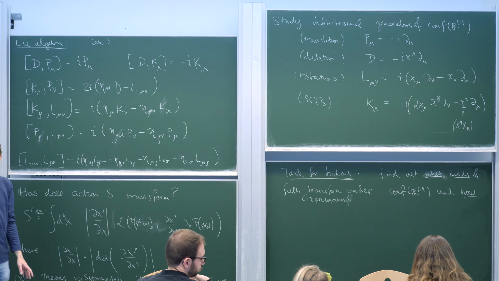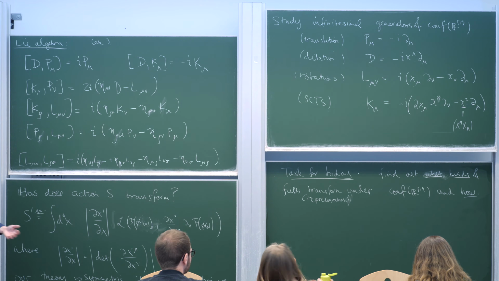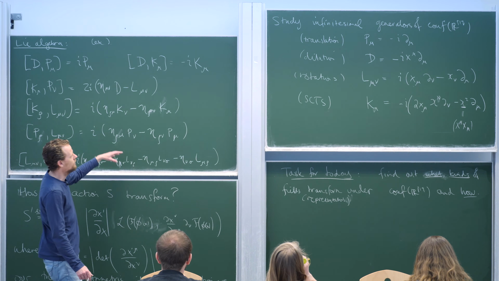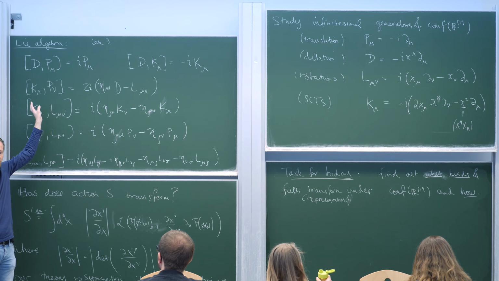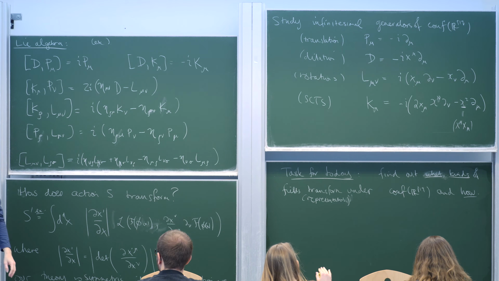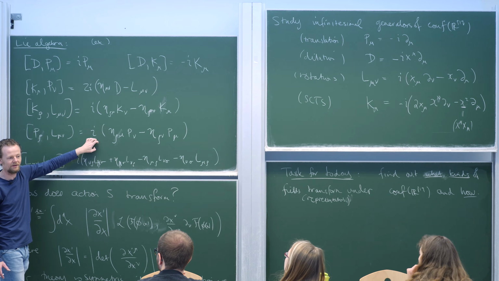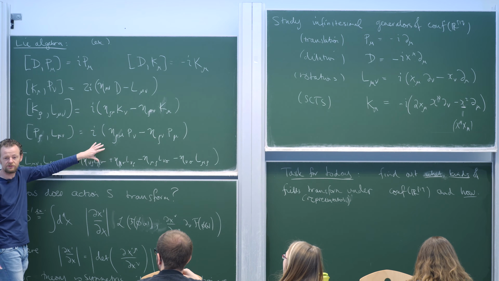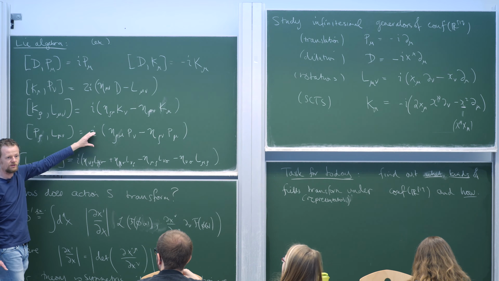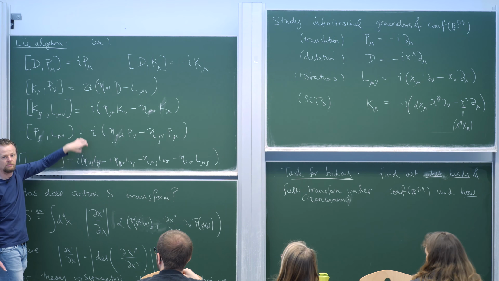So in fact, our goal for today is very much more humble than completely understanding all the representations. All we want to understand is how K and D act on a pre-existing representation. We'll still have representations of the Poincaré algebra. Well, we do, right? If we have a representation of this conformal algebra, then by restriction we automatically have a representation of the Poincaré algebra.